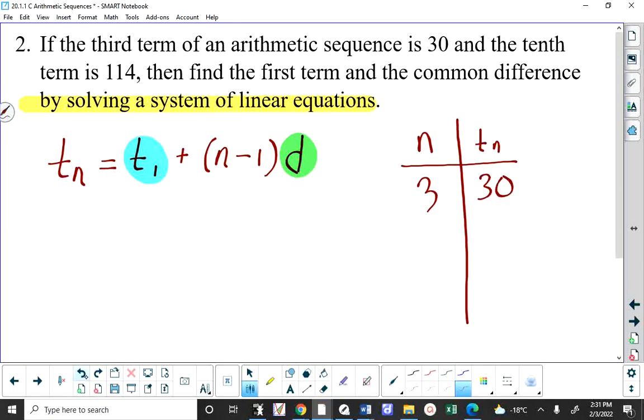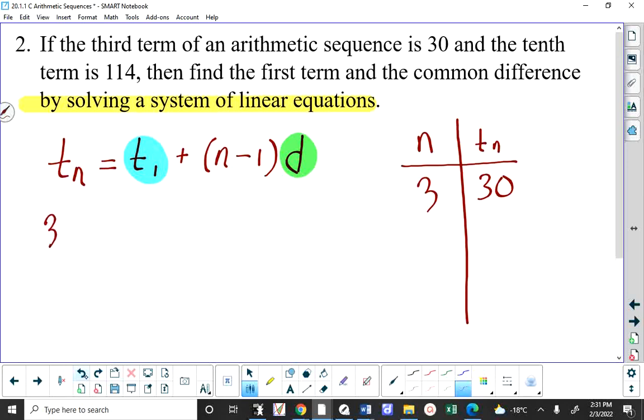Right? Those two go together. Let that sink in. Those two go together. When I put 3 in for n, I have to get 30 for Tn. They go together like peanut butter and jam. They're locked together. What happens if I put those in?